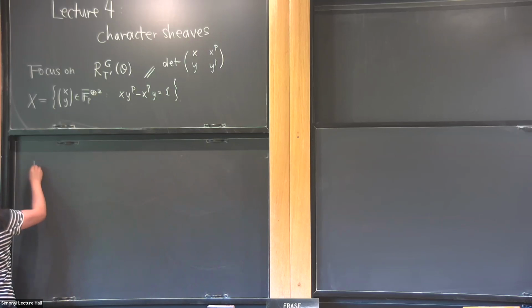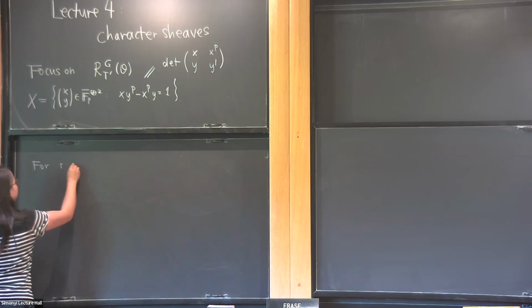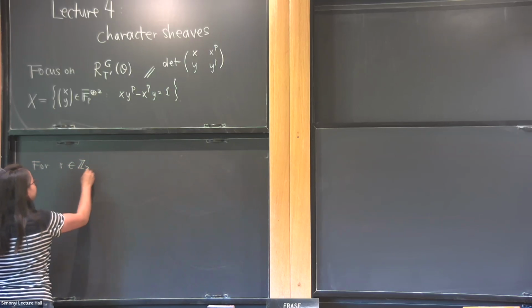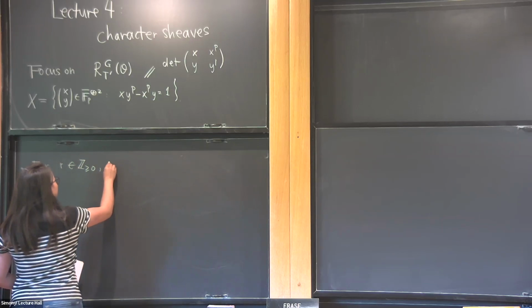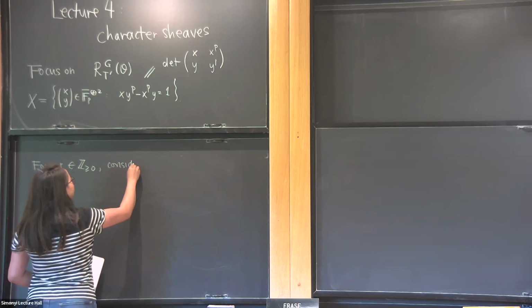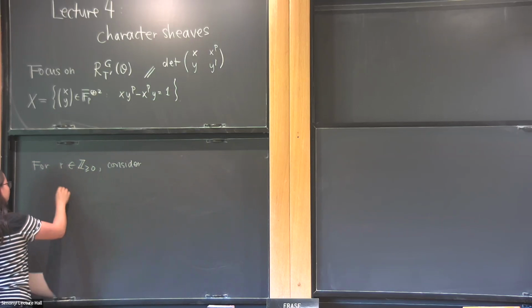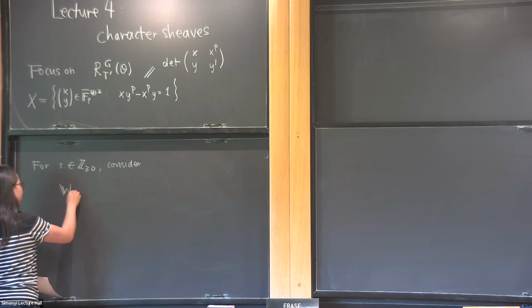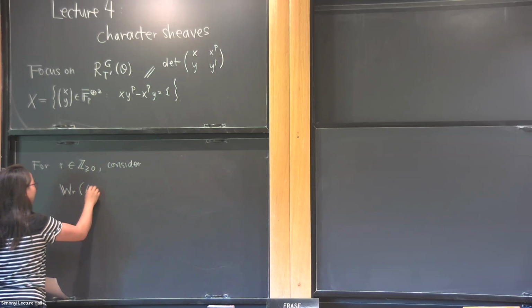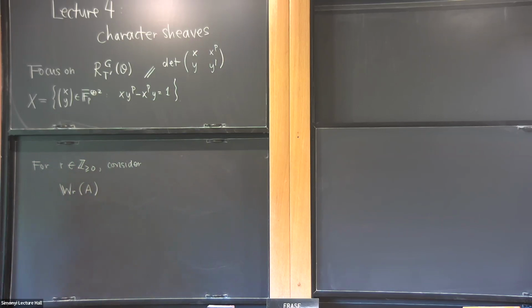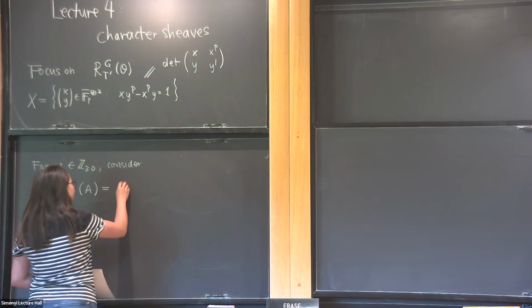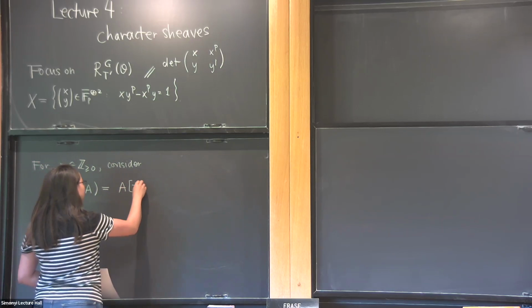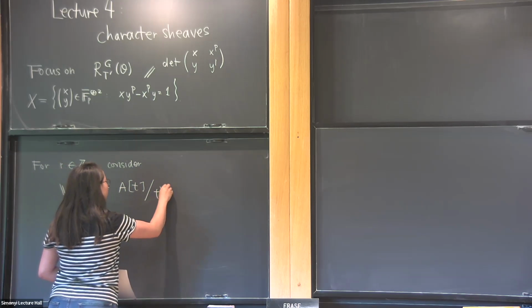So for a non-negative integer r, consider the following thing. I'm going to take W_r of any ring A over any F_p ring A, and I will define this to be a truncated polynomial ring, A[T] modulo T to the r plus 1.